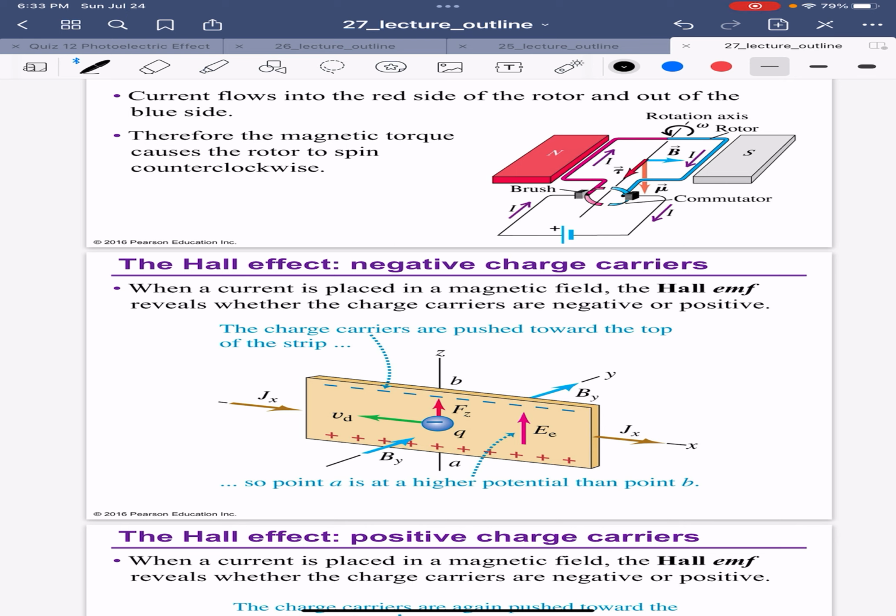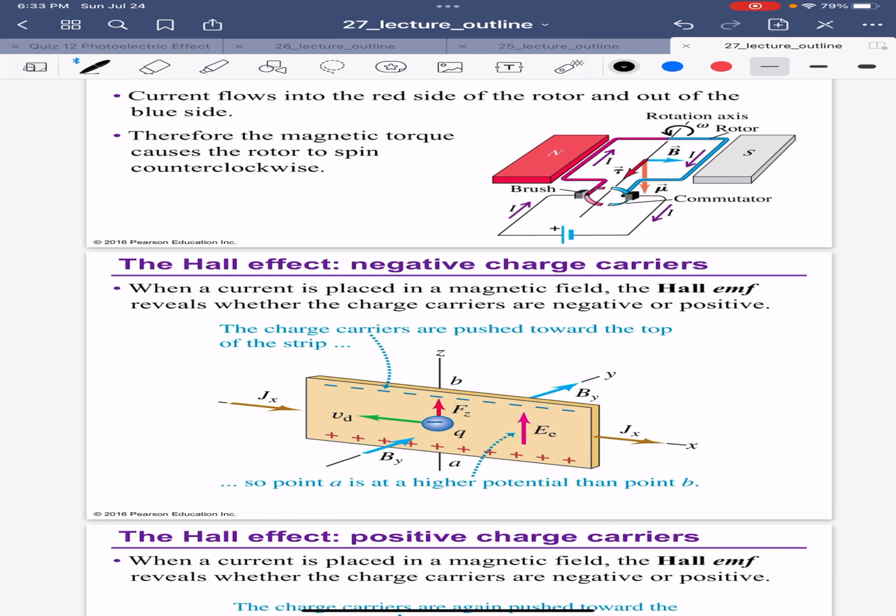Now, another experiment in physics which is very important is called the Hall effect. When we have a current placed in a magnetic field, we're going to have what is called the Hall EMF.